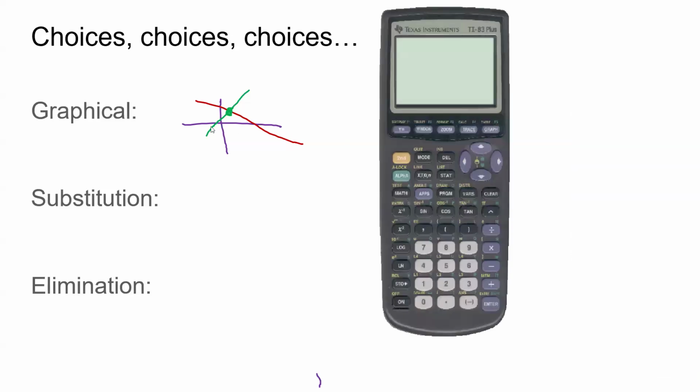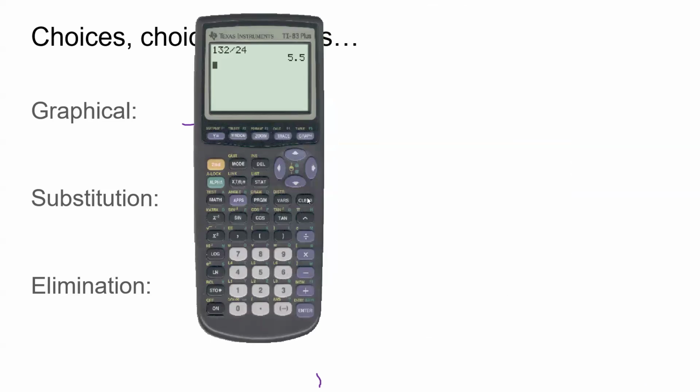Let me just make up something real quick here. If the first equation was y equals negative 3x plus 2, and the second equation was y equals 2x minus 4, and I hit graph, there is a point where those meet right there.